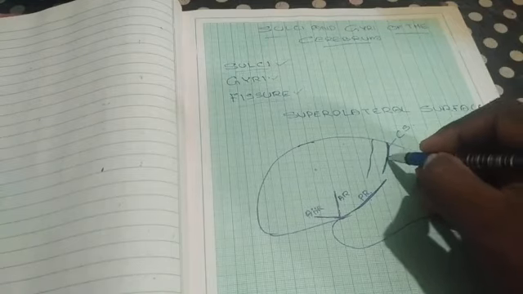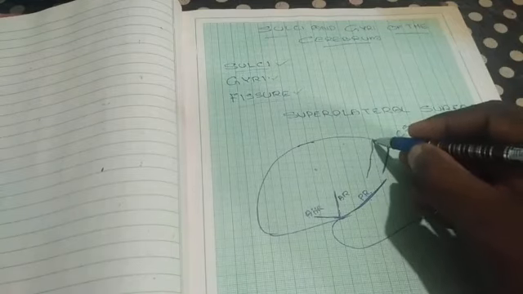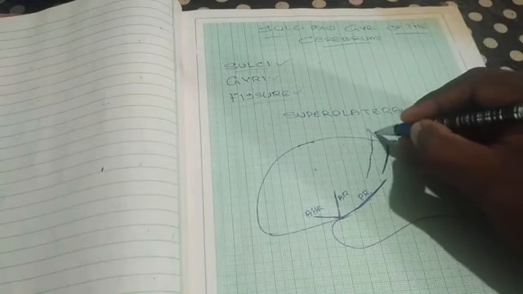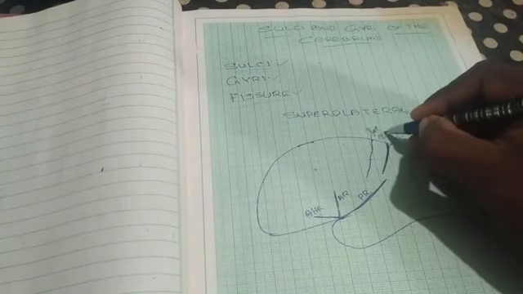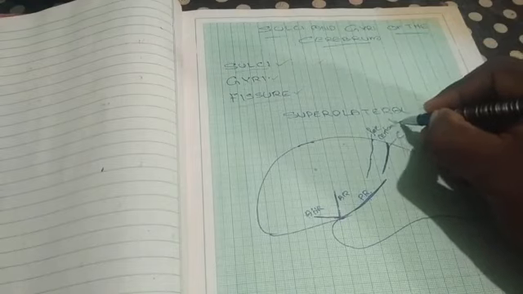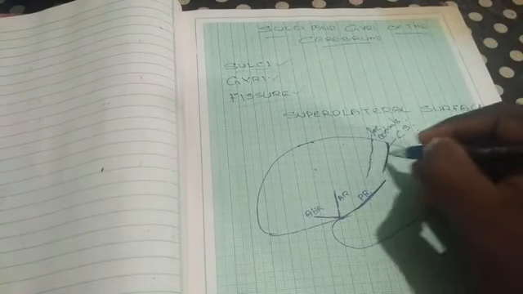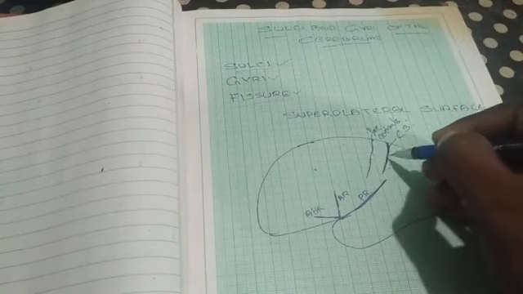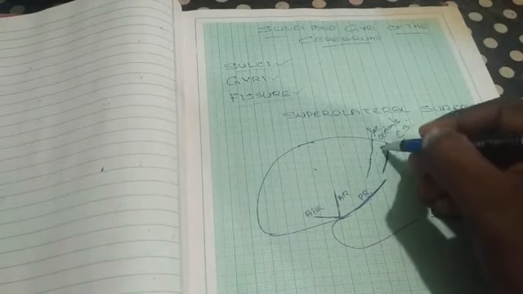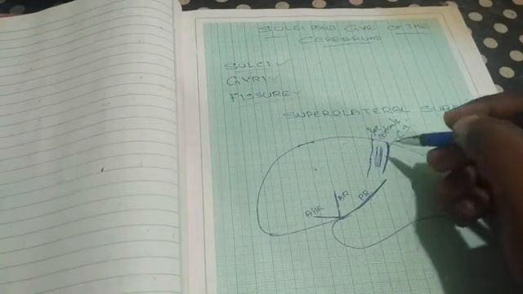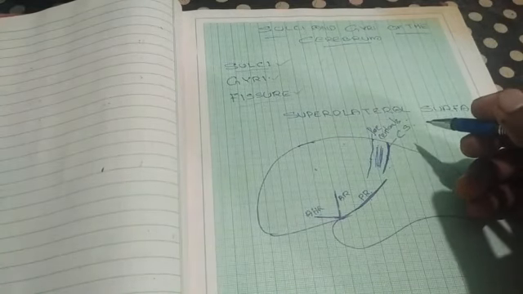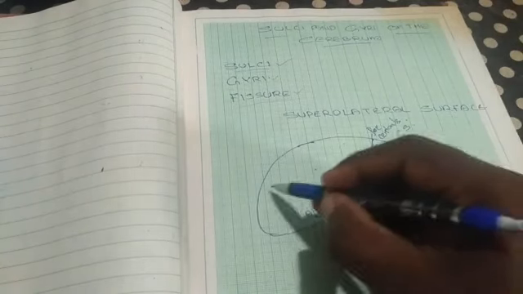It is seen just in front of and parallel to the central sulcus. The area between the precentral sulcus and the central sulcus is called the precentral gyrus.